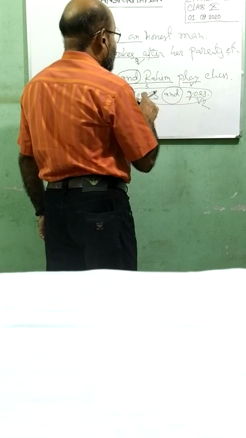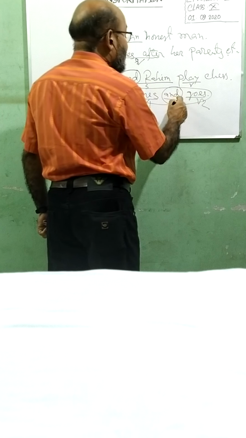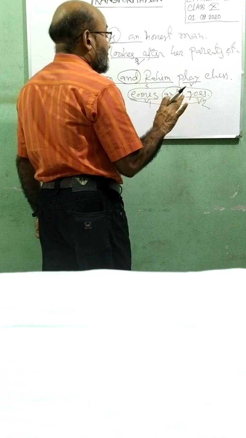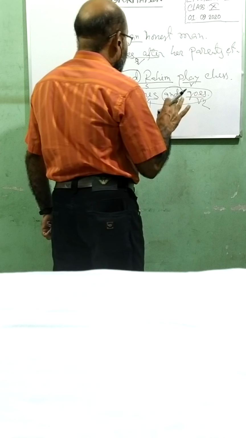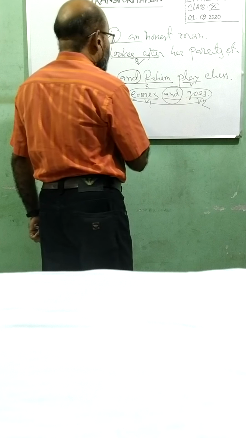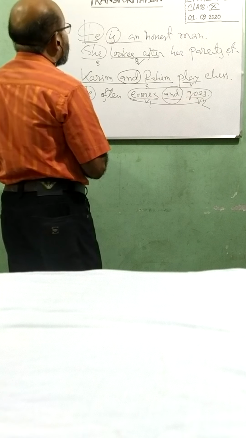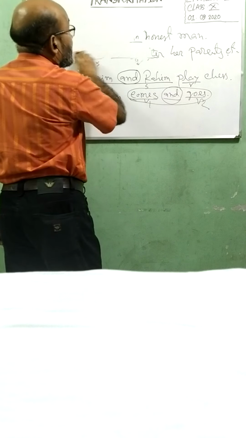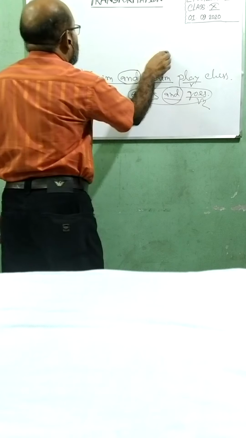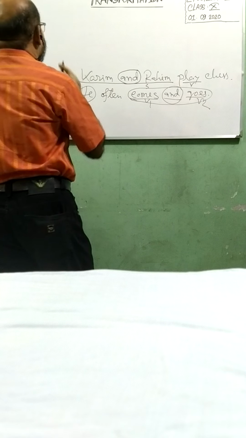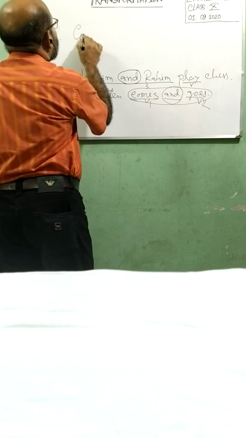Though it has two verbs connected with and, these verbs are not isolated. These verbs express only one finite verb. So it is also a simple sentence. Definitely you have understood the simple sentence. Then I'll discuss complex sentence.